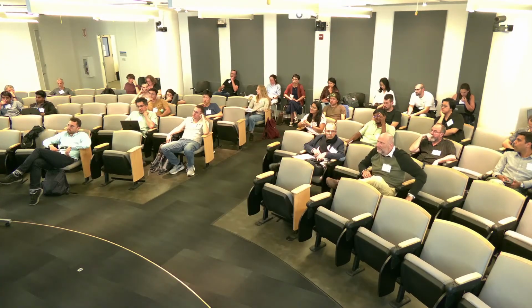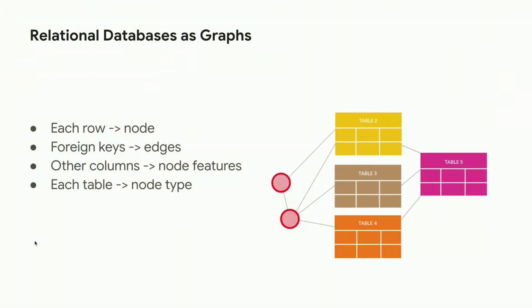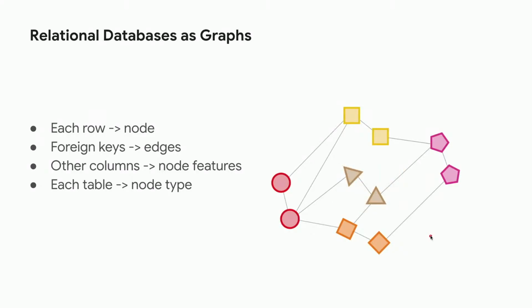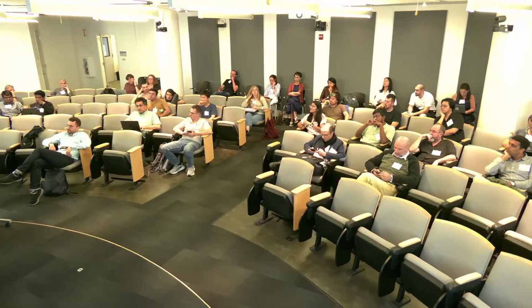Well, the task is, going back to some of those tables, it can be classifying a certain column of a certain row. If it's a categorical column, then you want to predict the value of this column. If it's a numerical column, then you want to predict a regression target, like some numerical feature. She was asking about, let's say, a join or something. Yeah, join query or something. Can you do something based on that?